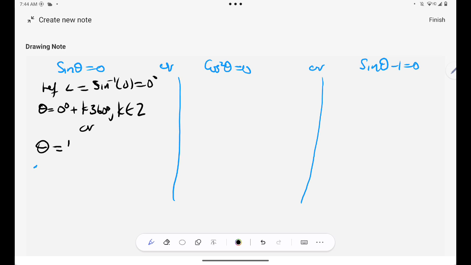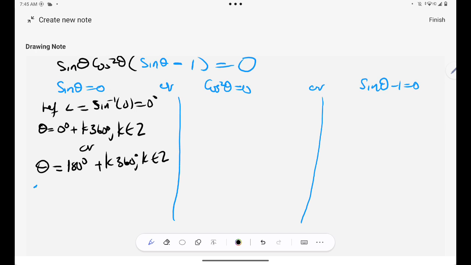In the second quadrant, the right angle is 180 minus the reference angle. Are you together? This time around, the reference angle is just 0, so I don't have to subtract 0. So that's the answer. Okay, and then now I have cos squared is equal to 0.